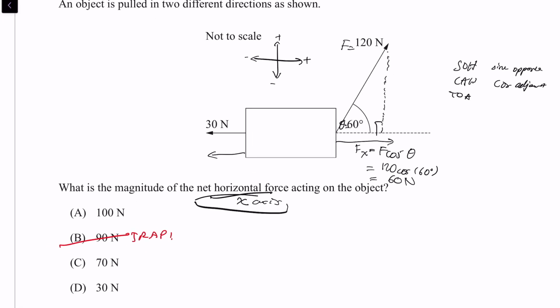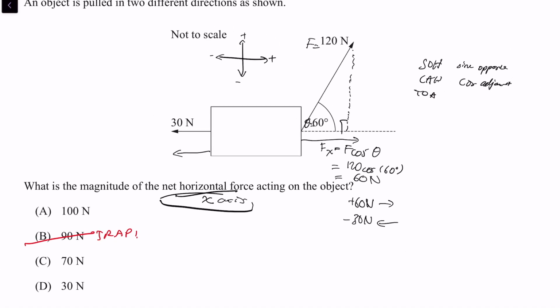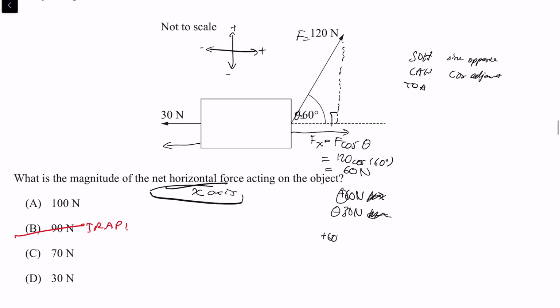So I have a plus 16 newtons to the right and a minus 30 newtons, which is going left. I don't really need my right and left arrow symbols because I already defined that by my plus and negative. So plus 16 newtons minus 30 newtons, or if I like to sum them, I can still do that. I just have to keep my negatives in place.